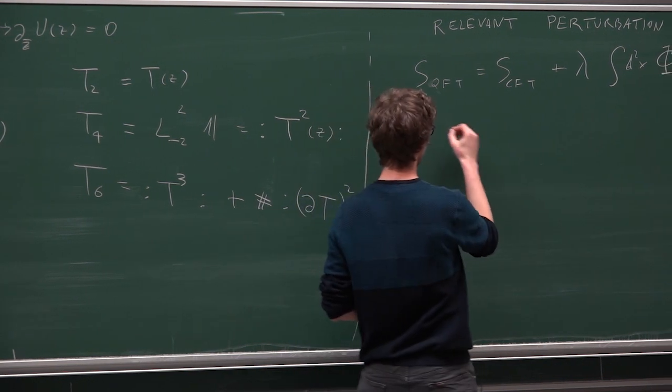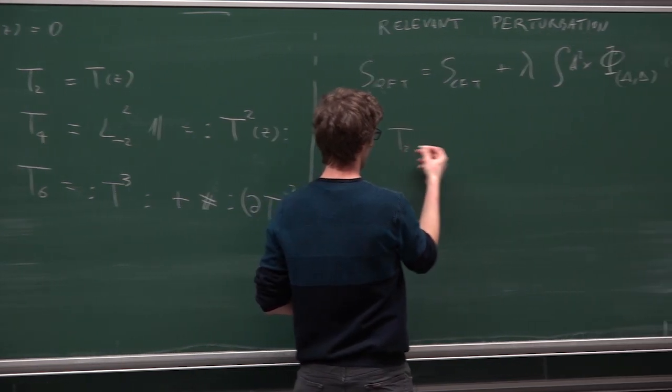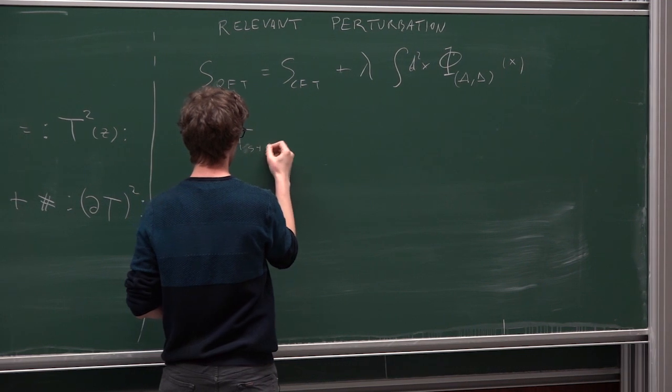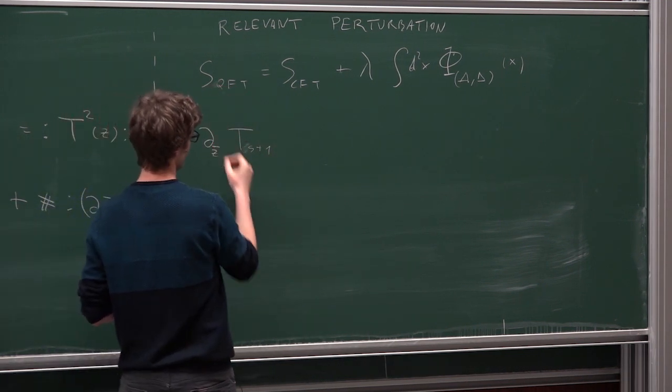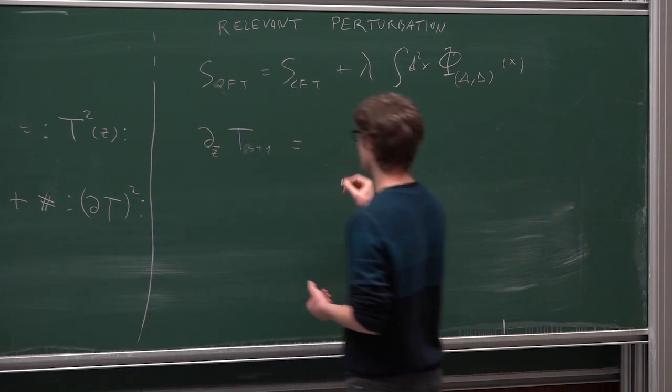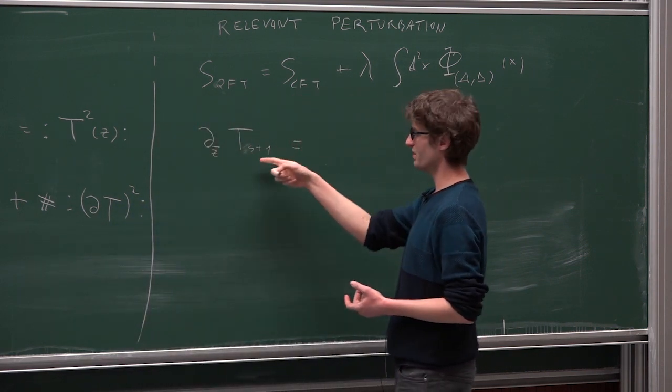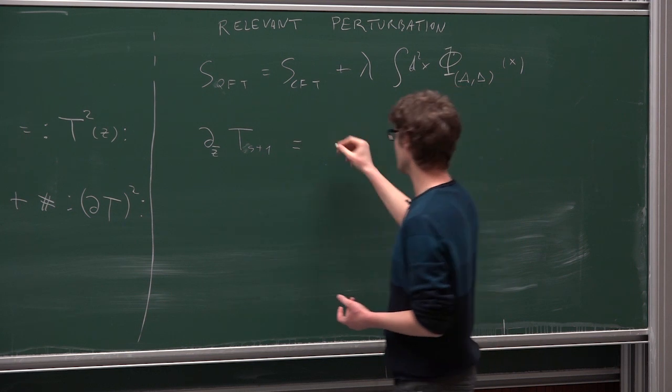So if we study one of these currents in conformal perturbation theory at first order, you get a correction to the equation that before told you that this was holomorphic.